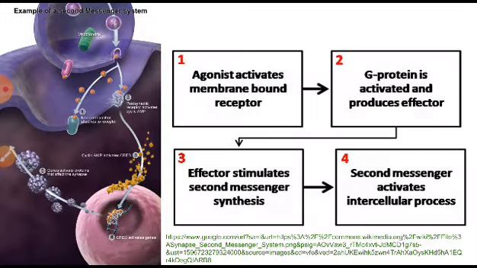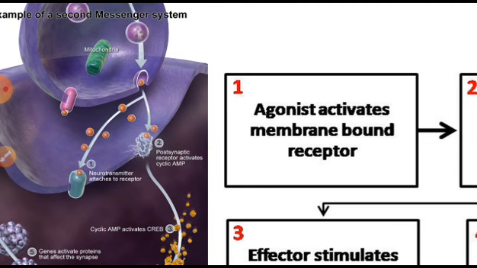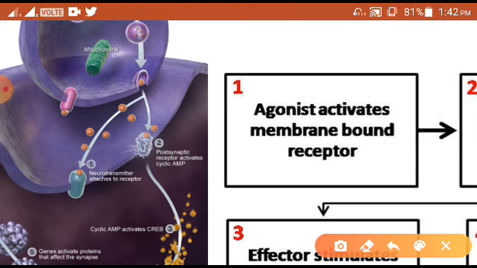By this slide you can understand how this second messenger system actually works. You see in this first diagram, a neurotransmitter is released and binds to the receptor here. Once it binds to the receptor, the receptor gets activated, and the activated receptor activates another protein.